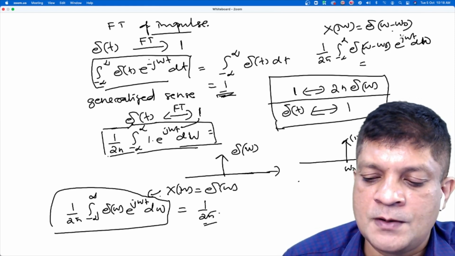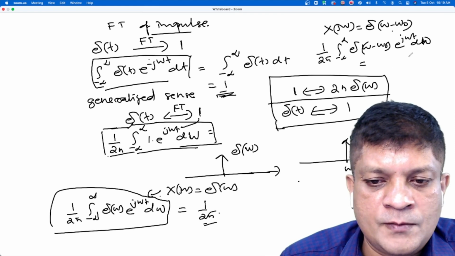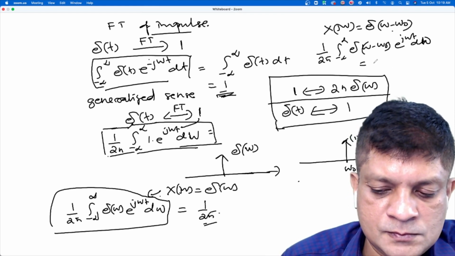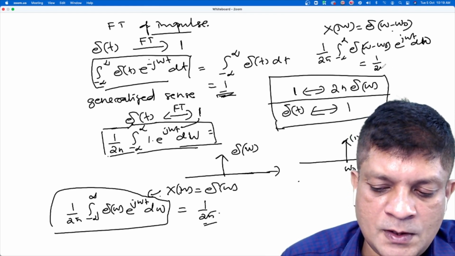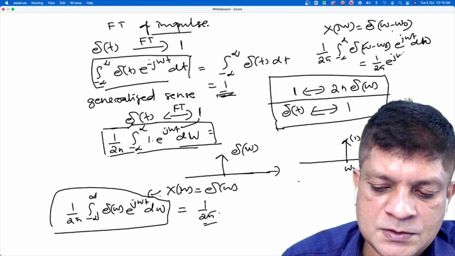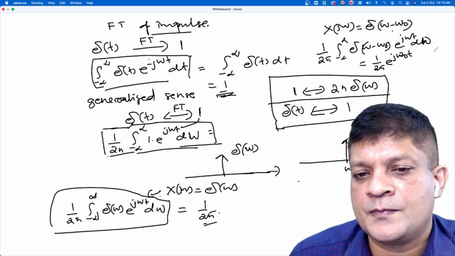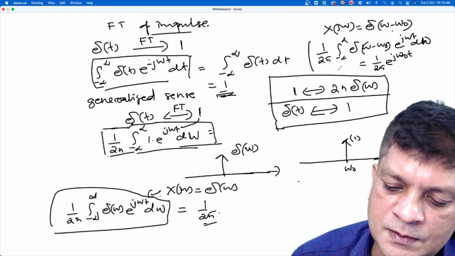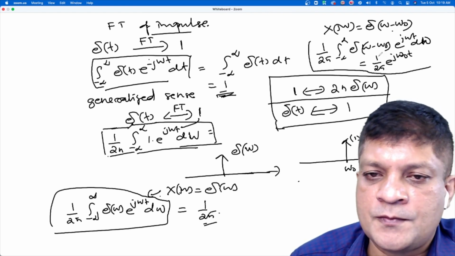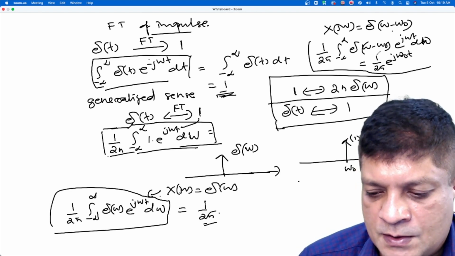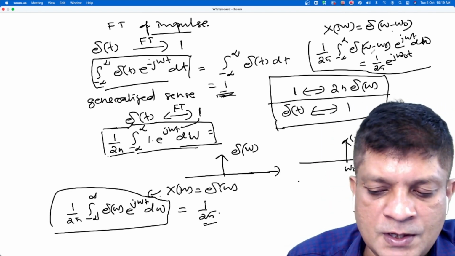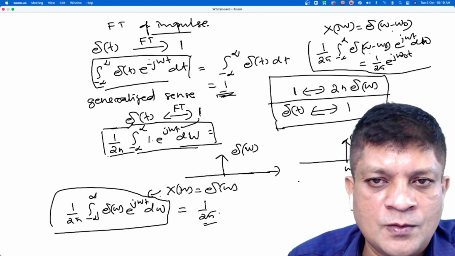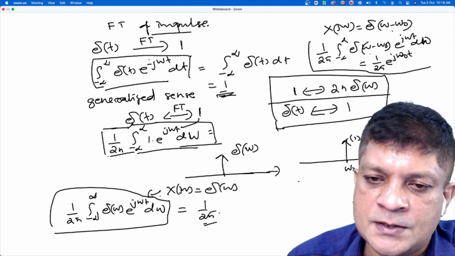It is 1 upon 2 pi e to the power j omega naught t. That also you can easily verify using the property of the impulse function, because this function is non-zero only when omega is equal to omega naught. So you will directly get this result.